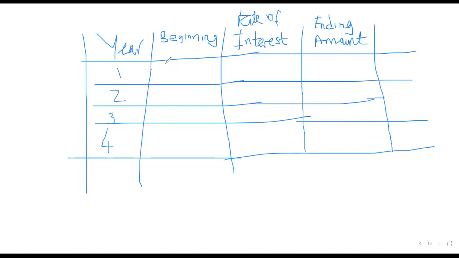So here we are going to put 22,000. The interest rate is just 1 plus R, so it's 1.12. Multiplying these, we get 24,640. Then the other one, 3,500, it is given in the question, plus 24,640.